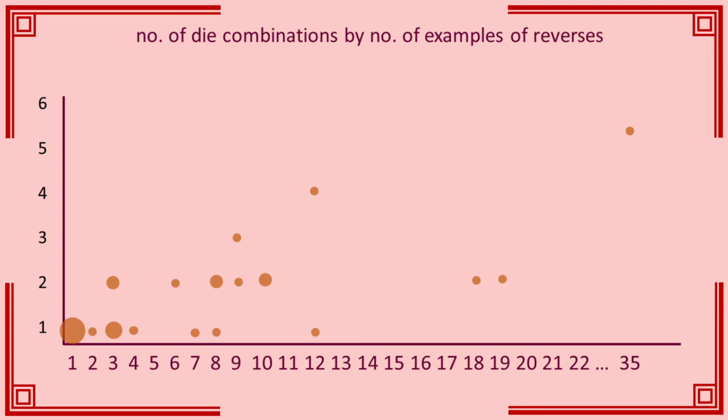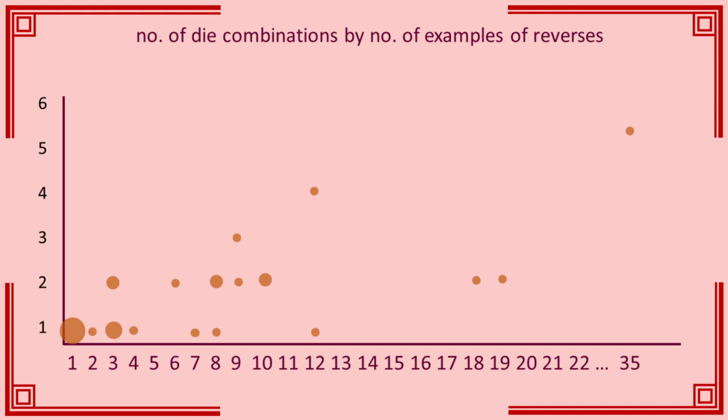Obviously, down at the bottom left, when we only have one example of the die, it can only be known from one die combination. As the number of examples increases, it becomes increasingly likely that we would discover other combinations. But that effect levels out as you move to the right, because obviously you cannot discover more combinations than were actually made, and there were probably very real physical limits on how many times you could pair a die before it broke.